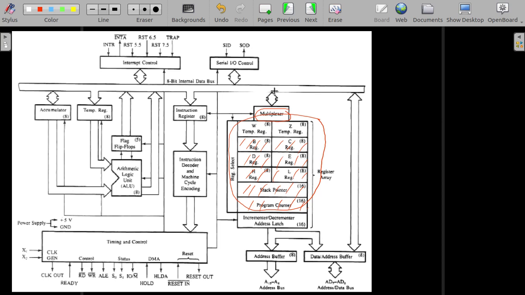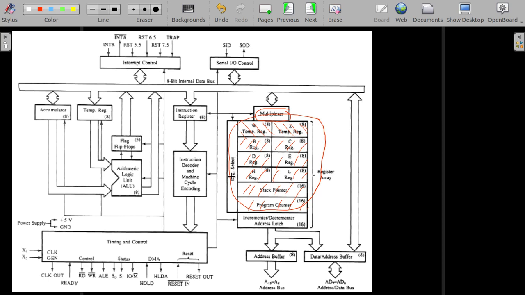Similarly, data coming into the registers comes through this line and from here it acts as a demultiplexer and gives it to some of the registers. And there are two temporary registers, W and Z, that we didn't mention. They are used internally and are not accessible to the programmer.